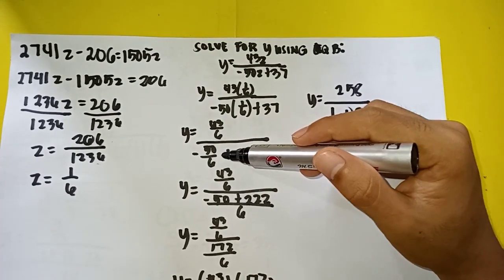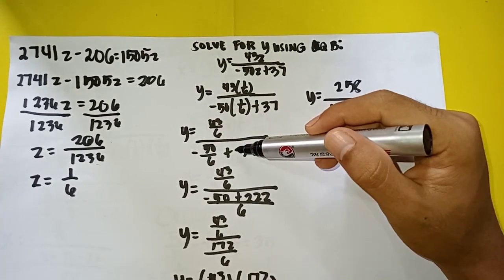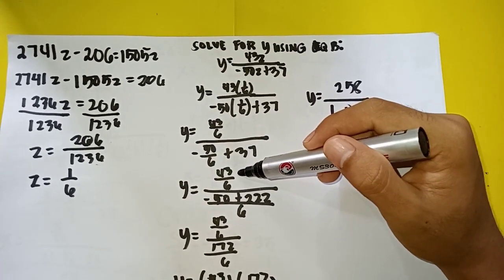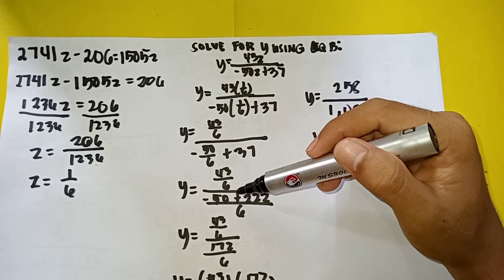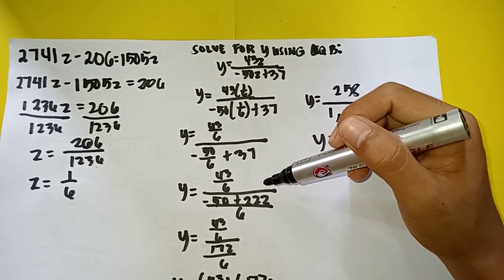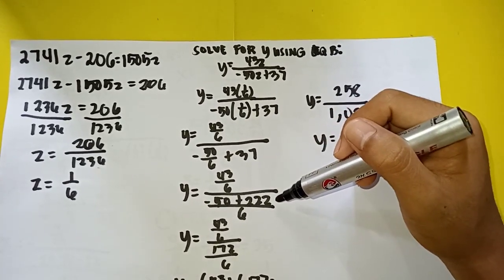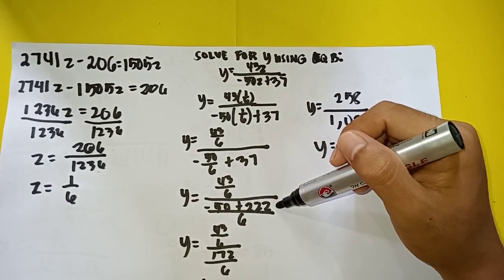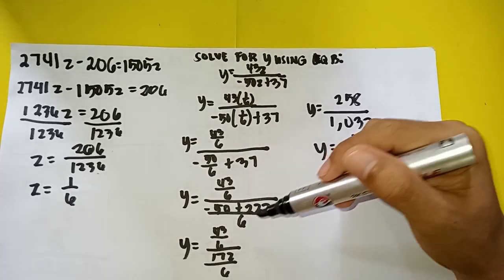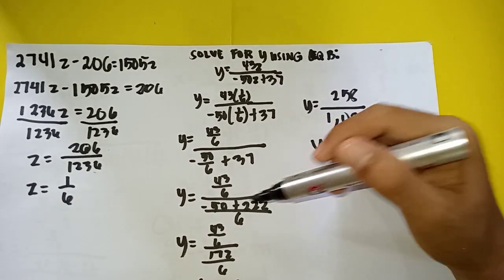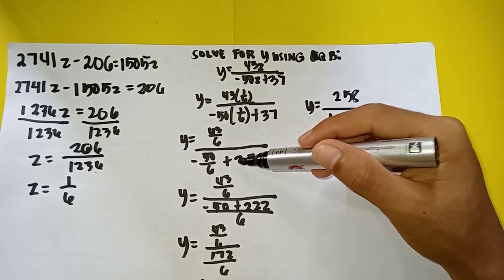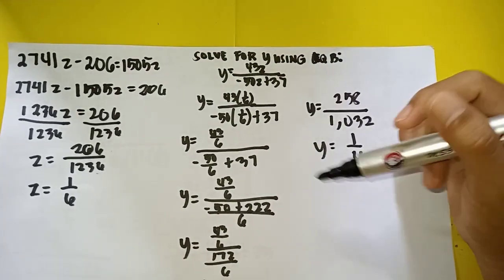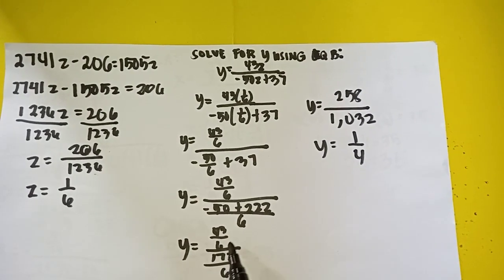Then negative 50 times 1/6 is negative 50 over 6 plus 37. y is equal to 43 over 6 over negative 50 plus 222 over 6. 222 came from 37 times 6.